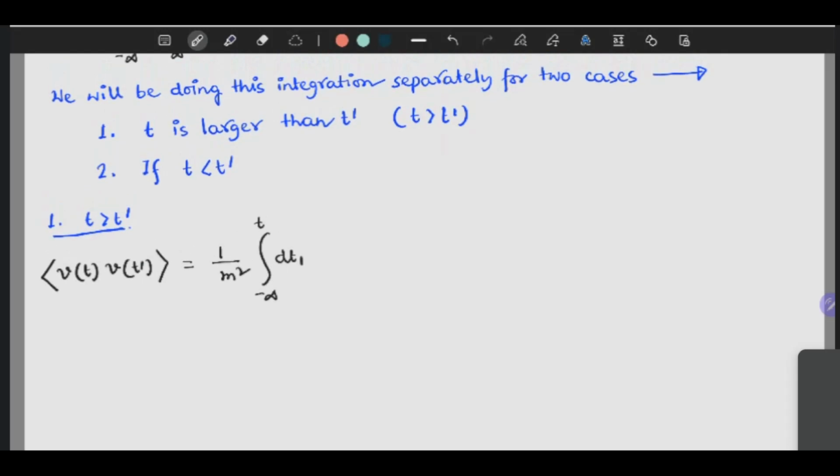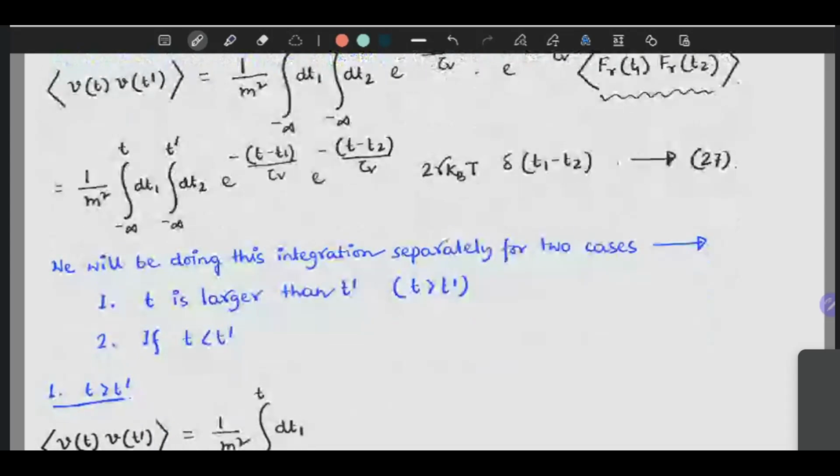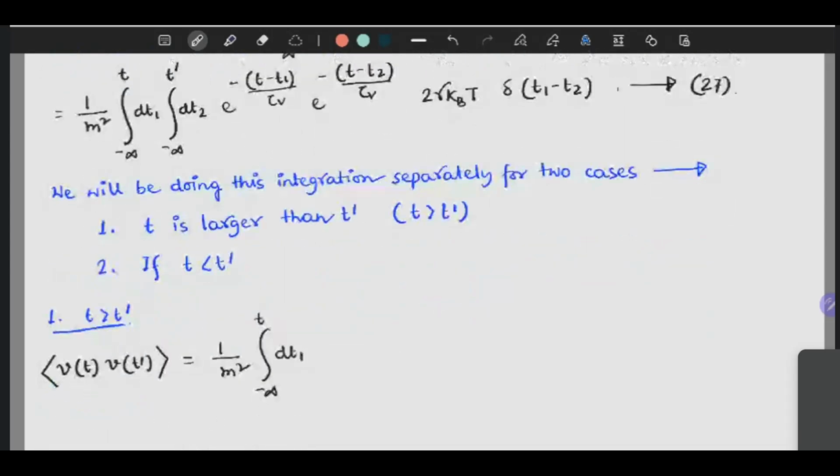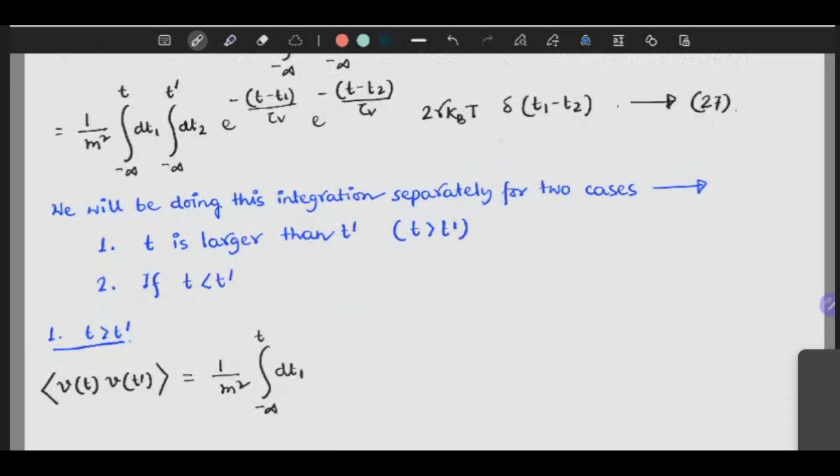Now we need to take this integration. If you take dt and this delta, then t' is in between: from minus infinity to t on this line, t' will be somewhere here.